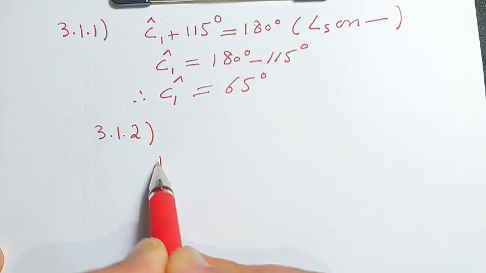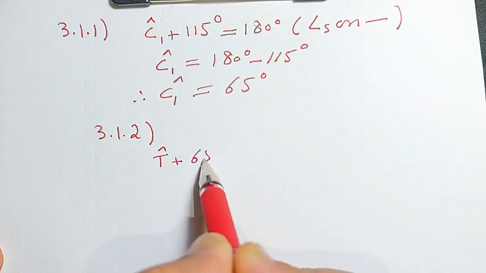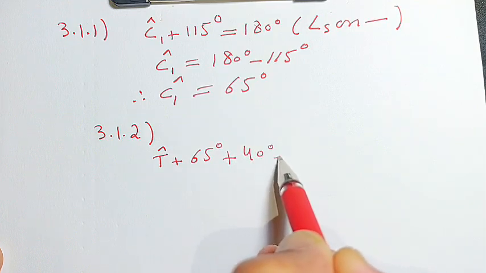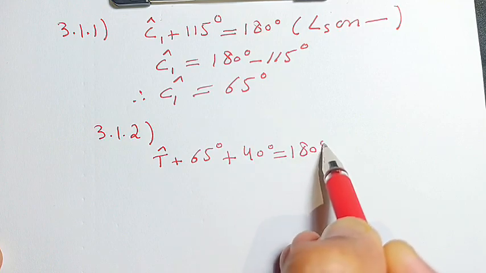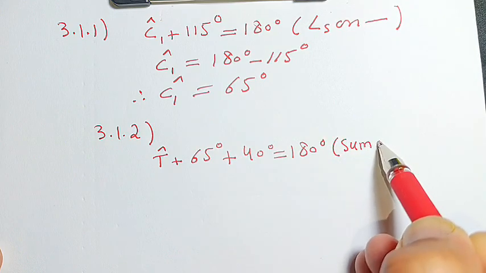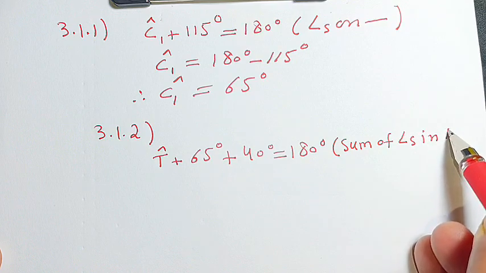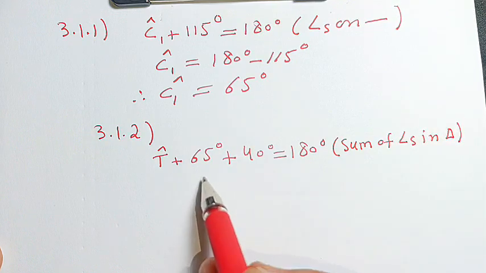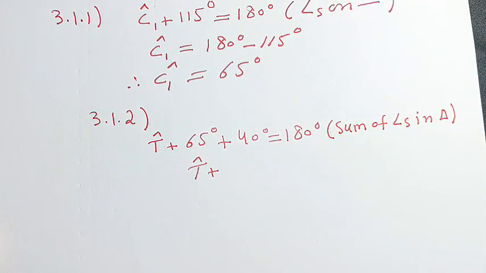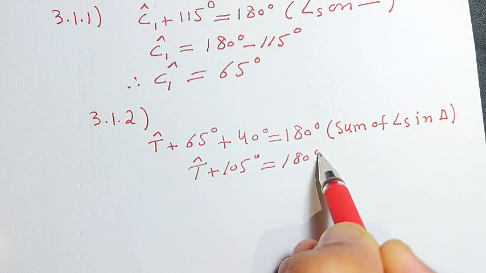So angle T, which we don't have, plus 65 degrees, which we found earlier as angle C1, and angle S, which is 40 degrees, is equal to 180 degrees, sum of angles in a triangle. I must give the reason here, it is important. So angle T plus 105 degrees is equal to 180 degrees.